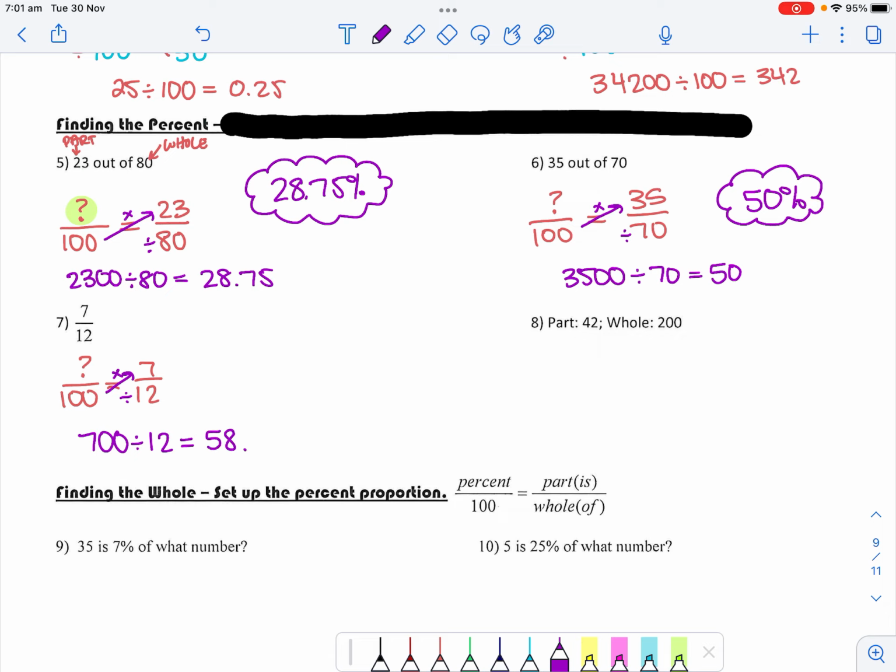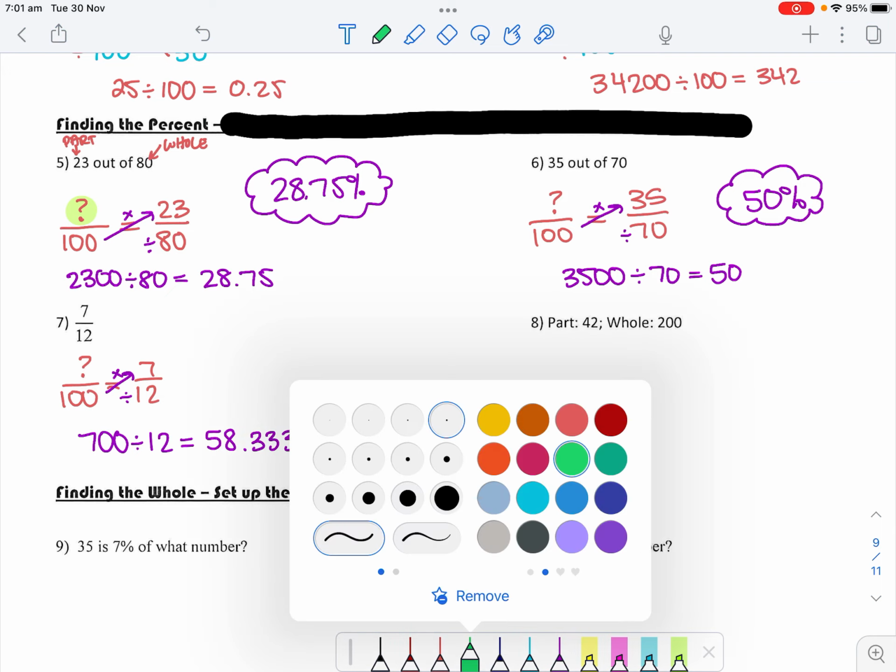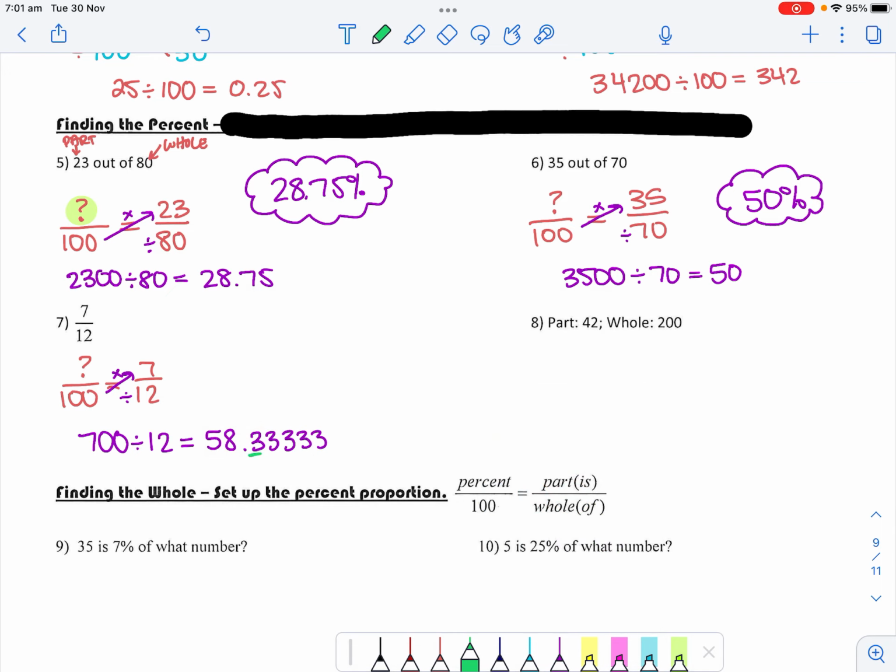And this comes out as 58.33333. You do not need to write all of those threes. I'm going to encourage that you round to the first or second decimal place. And this is going to be 58.3%. If I got a 7 out of 12 on my homework quiz, I got a 58.3%.